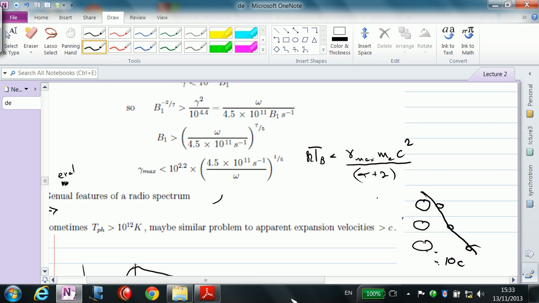If the source is coming at you at a gamma of 10, even though the real velocity projected transverse to the line of sight is 10th c, it's multiplied by gamma squared because of the 1 minus beta factor in the departure time and arrival time.